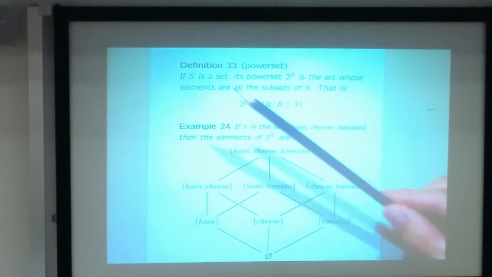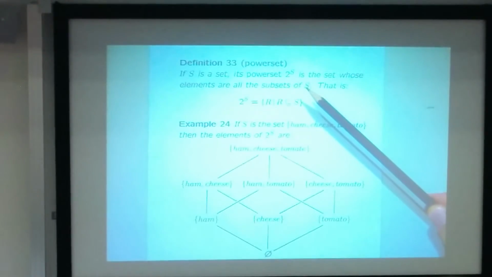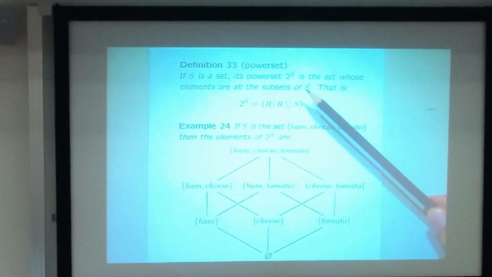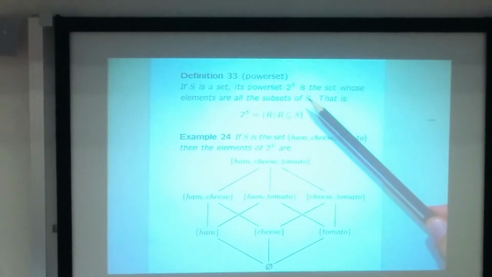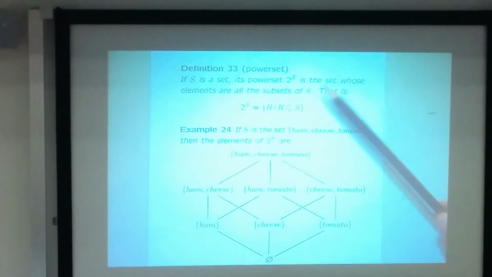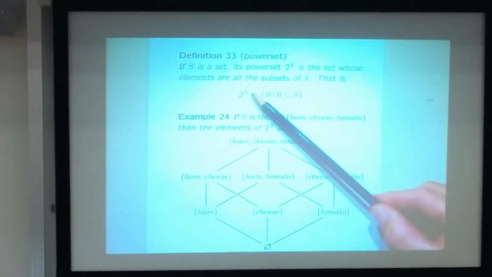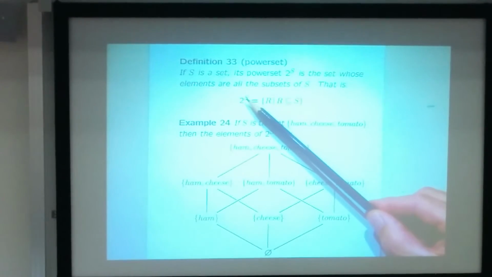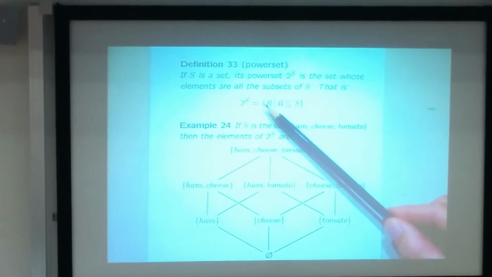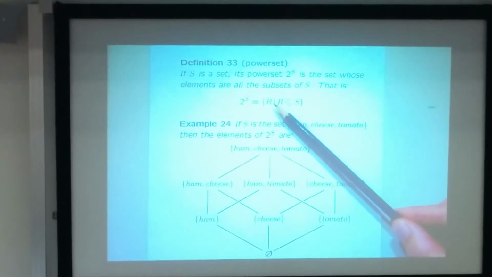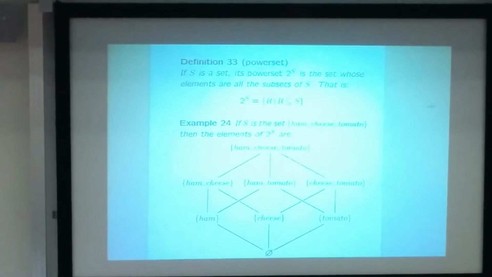It is the set whose elements are all the subsets of S, including at the extreme end S itself, and at the opposite extreme end the empty set. So we could write that down as a definition. So this says the power set of S is the set of those subsets R such that R is a subset of S. Okay, that's the power set.